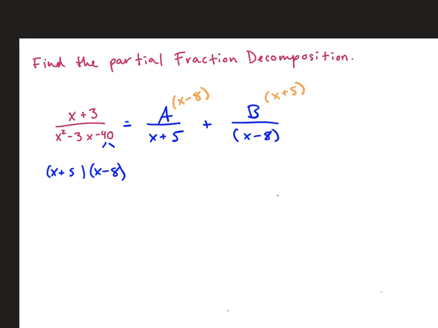So then we set it equal to what's on our left side, so we set all the top equal to each other. So x plus 3 is equal to a times x minus 8 plus b times x plus 5. What do we have to do next?